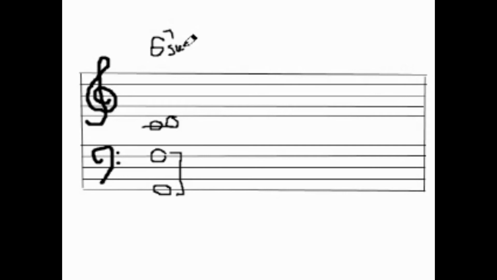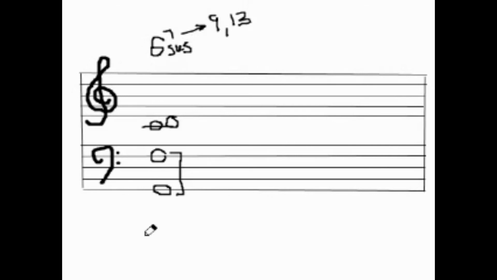Now a lot of times with these types of chords, piano players will tend to add the upper extensions and just go up, like the 9th and the 13th. Now you may wonder why the 11th won't work in this.